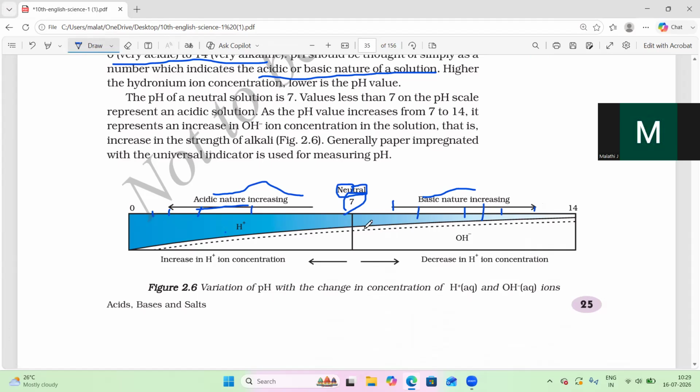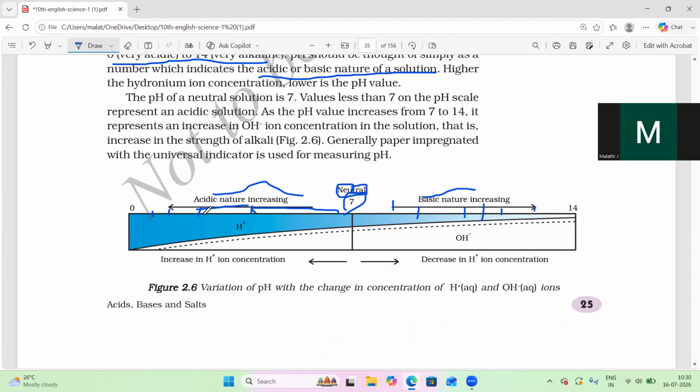If the pH value decreases, the concentration of hydrogen ions will increase, and then the acidity also increases. So from here to here, it is less acidic.